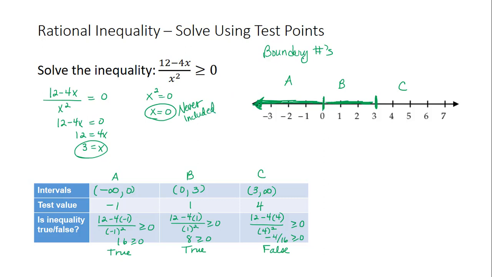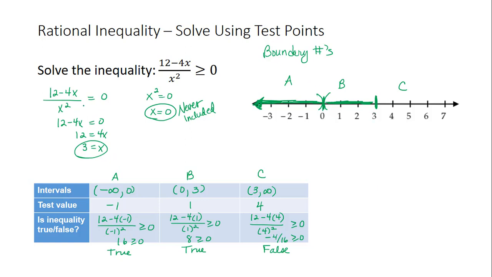So the 0 value has to be excluded from my solution set because it makes the function undefined. So I'm going to have a parenthesis pointing to the left of 0 and then a parenthesis pointing to the right of 0 on the number line. Can I include the 3?